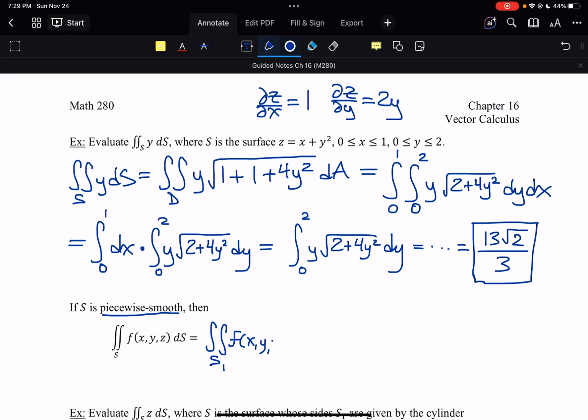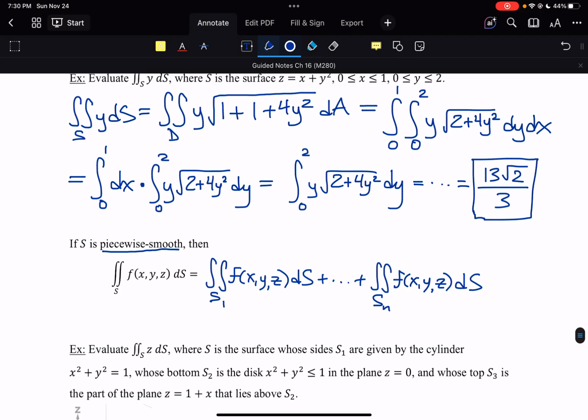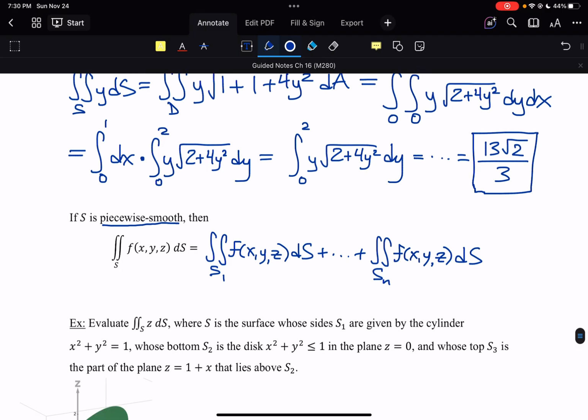So the surface integral over S1, etc., all the way through S sub n. With piecewise smooth surfaces, you're basically just evaluating multiple surfaces and then adding the results together.